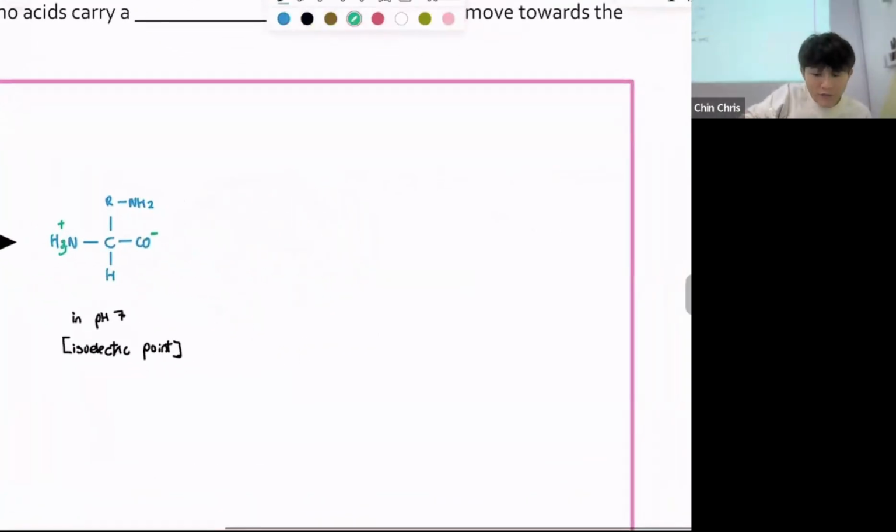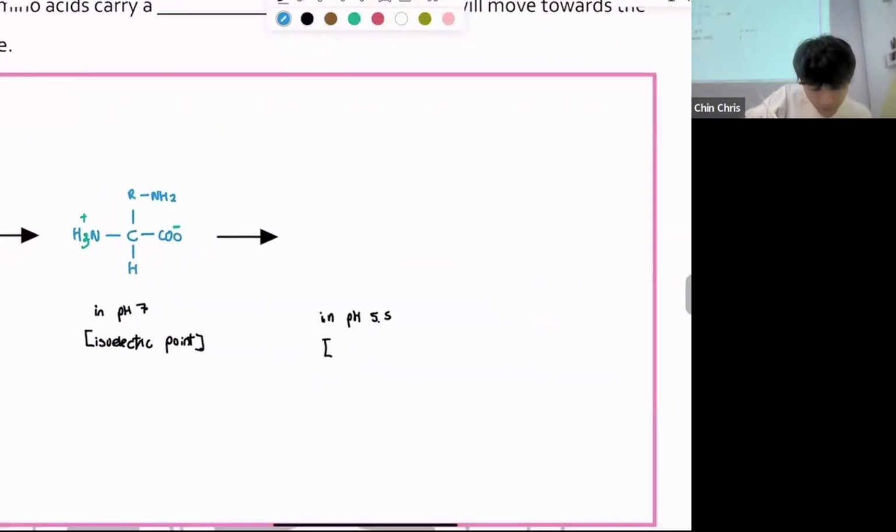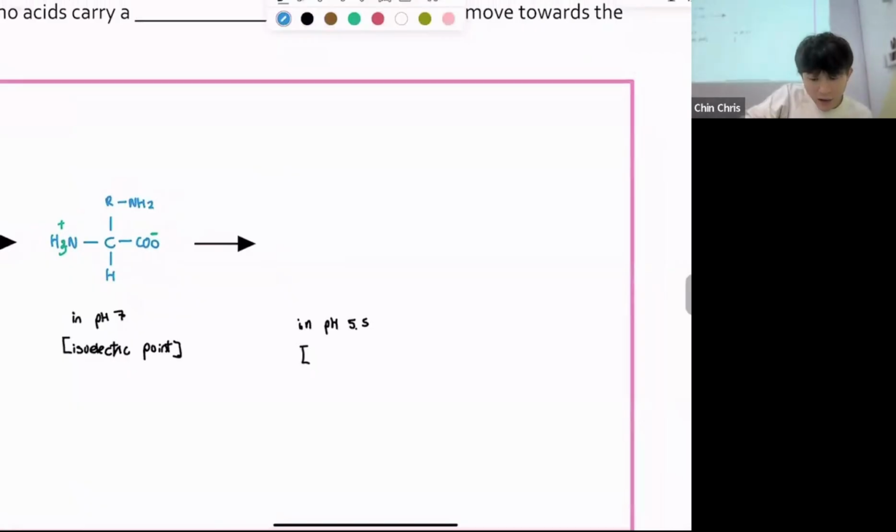Okay, guys, now if I put it slightly lower than your iso, maybe I put it in pH 5.5. Yeah, sorry. So guys, now this is slightly below my isoelectric point.